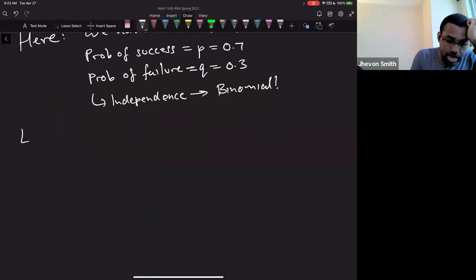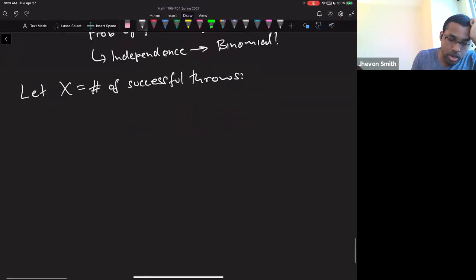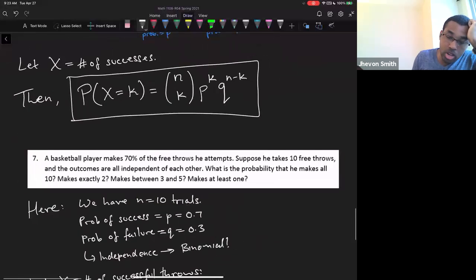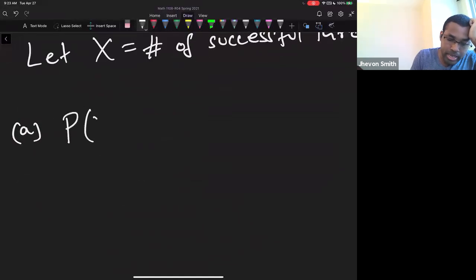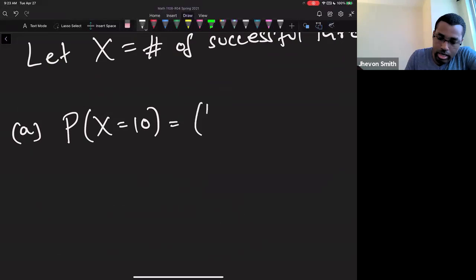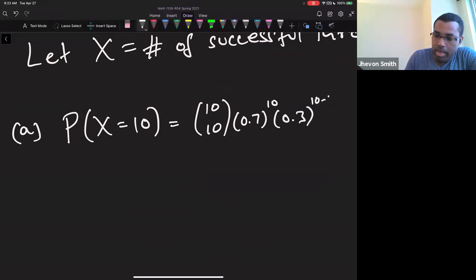So if we let x equal the number of successful throws, then part A is asking the probability that he makes all 10. Well, that's going to be the probability that x equals 10, which is 10 choose 10, p to the 10, q to the 10 minus 10.